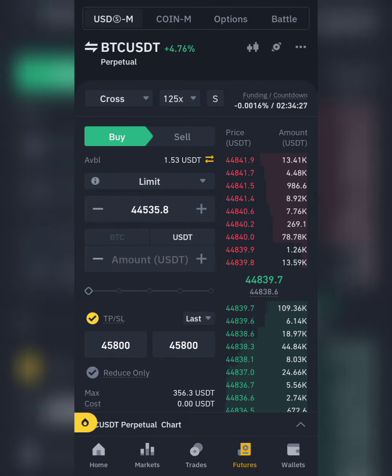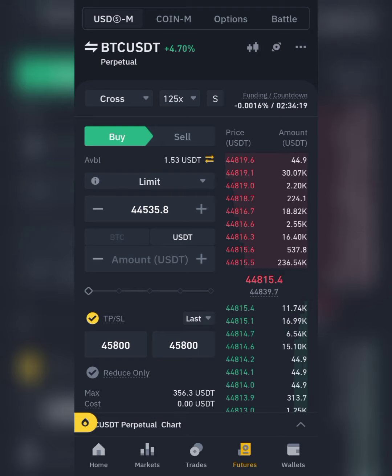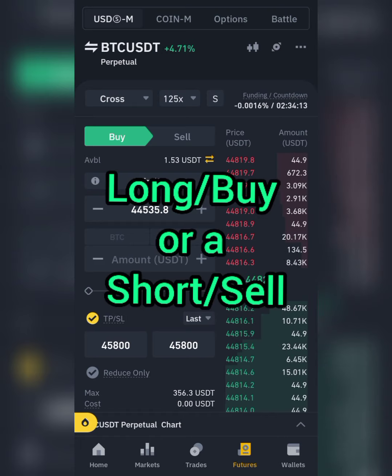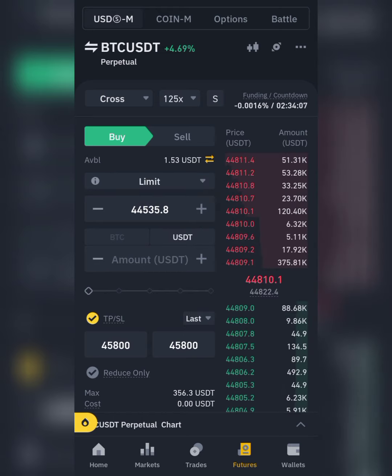Now the next thing I want to tell you about is your margin. We've talked about how your margin is the collateral you have in your account that you are using to take a position. Now, what is a position? A position can either be a long or a short. In other words, a long means to buy and a short means to sell. Having known that, I want to also talk about your entry price.